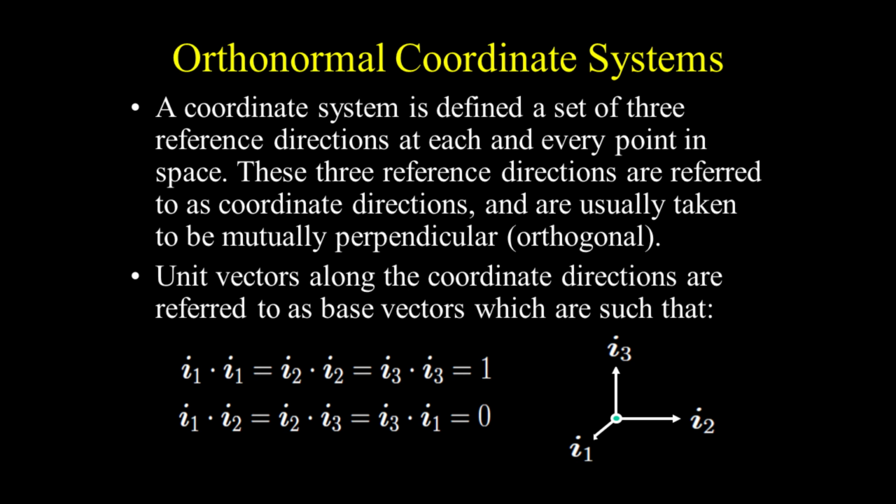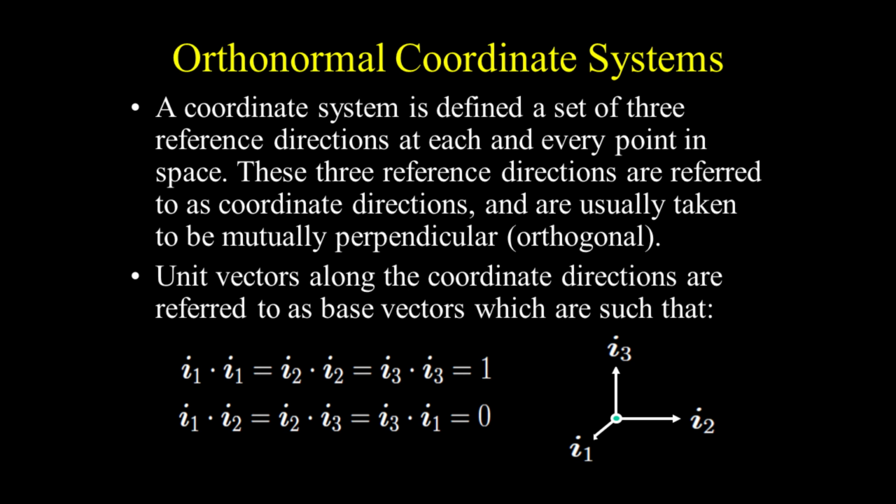Unit vectors along the coordinate directions are referred to as base vectors. In any of the orthogonal coordinate systems, an arbitrary vector can be expressed in terms of a superposition of the 3 base vectors. Such a coordinate system is called right-handed.